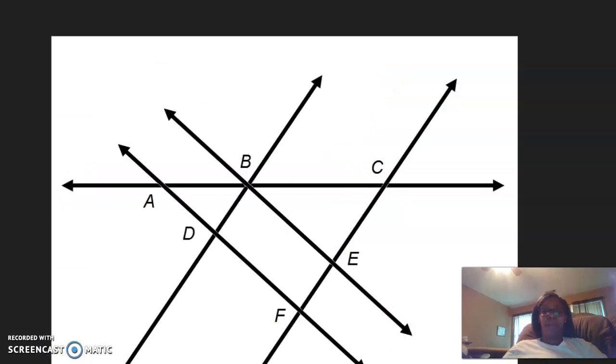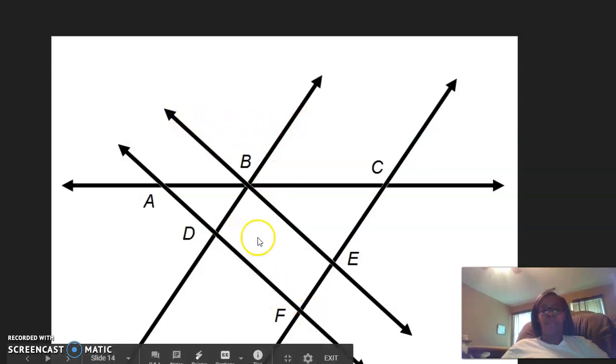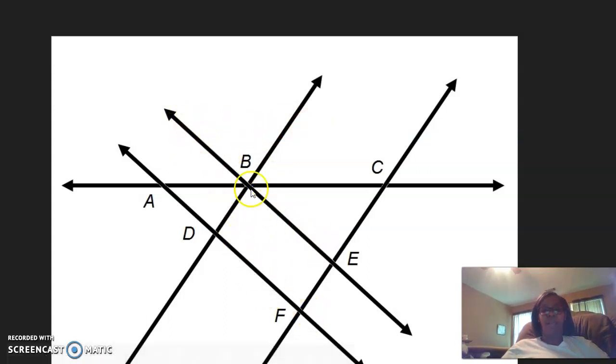And here, if you wanted to go through and practice, try to find line BE and line AF. They are parallel lines because they will never cross. These two lines will never cross each other. They're going to keep going in that direction and they will never cross.